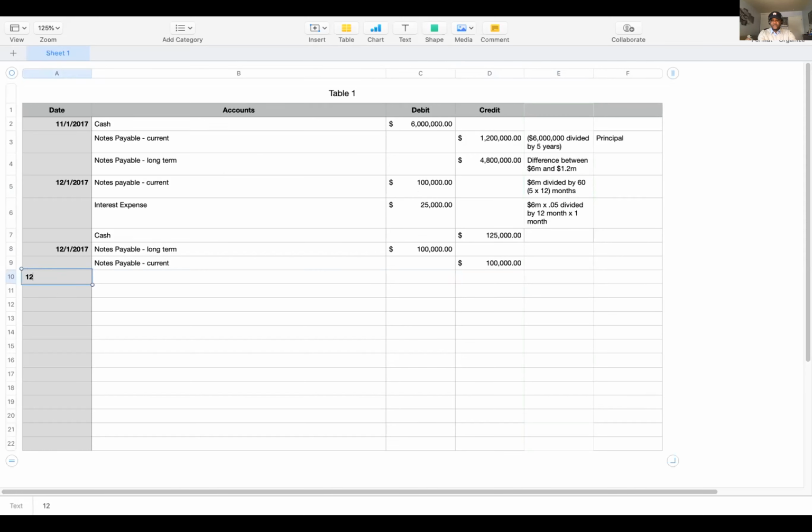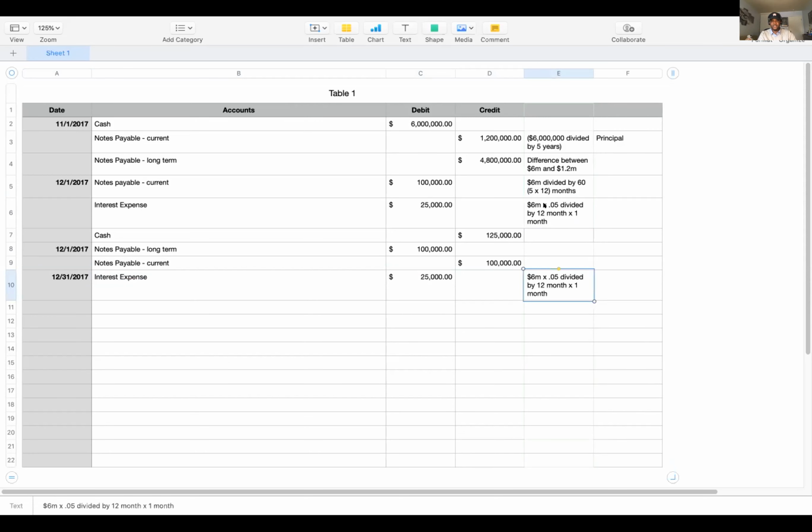So then when we get to December 31st of 2017, we're at the end of the year. We have to record revenue when earned, expenses when used. So even though we haven't paid for interest that we owe, this is the accrual method of accounting, we've incurred another $25,000 in interest: 6 million times the 5% divided by 12.